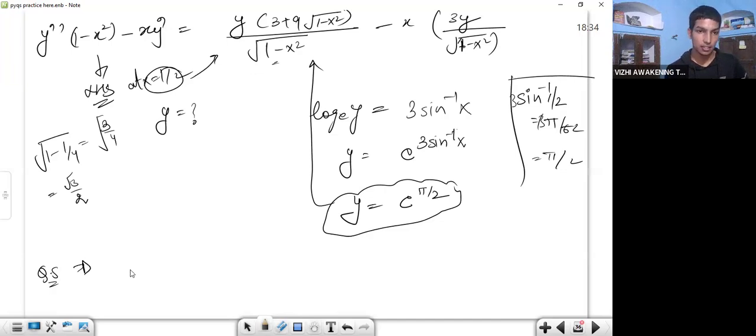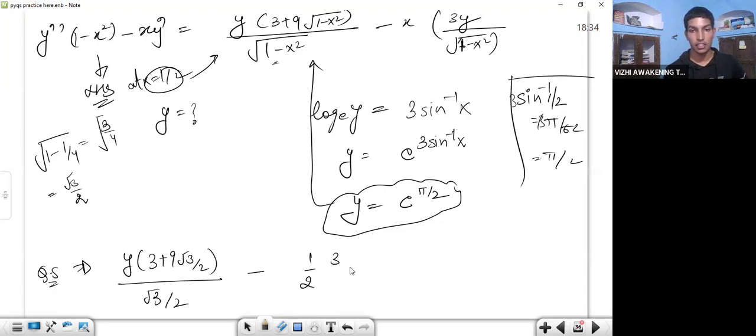So let's write it as y only: 3 plus 9 into root 3 by 2, yes, root 3 by 2, 1 minus, that is root 3 by 2, only minus, that is half 3 into y into root 3 divided by 2. Yes, 2 cancels 2 here. 3 cancels root 3y. And let's solve this further.